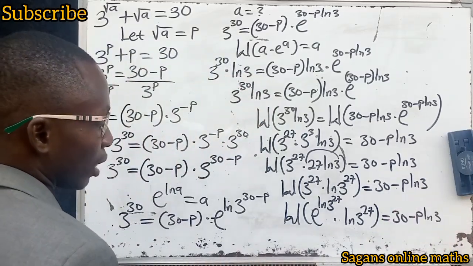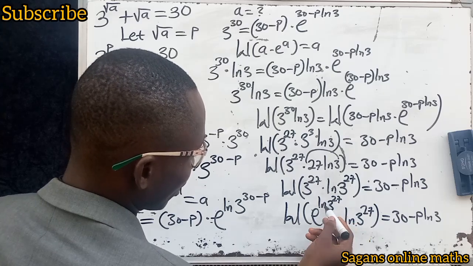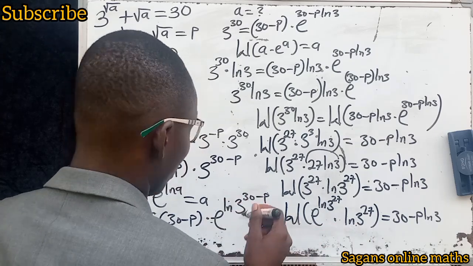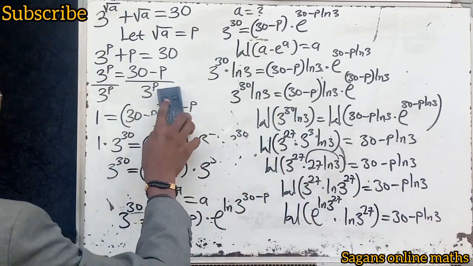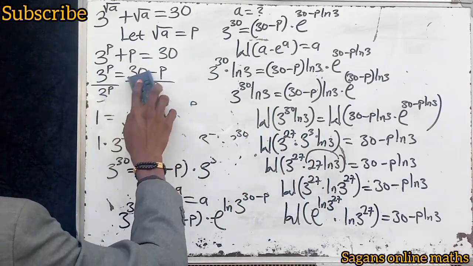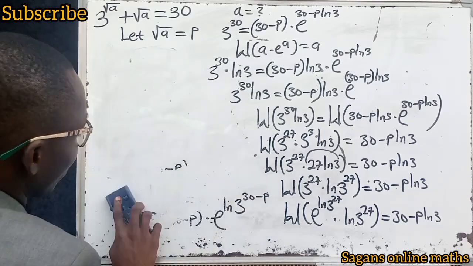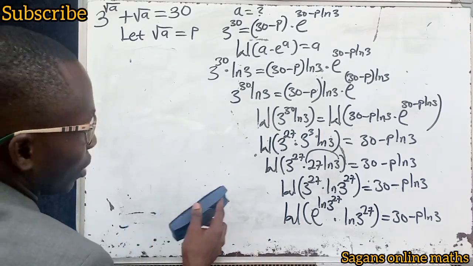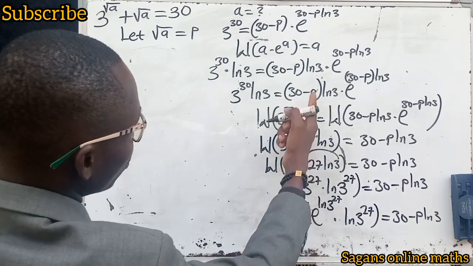Now you can see that this and this are the same, right? So we can take one of them by obeying the Lambert function properties. Since they are the same, this just gives us a.